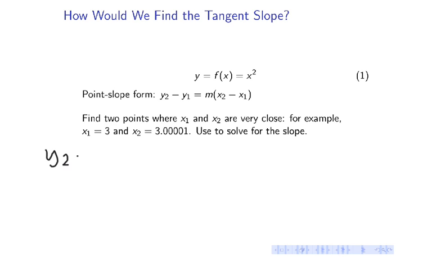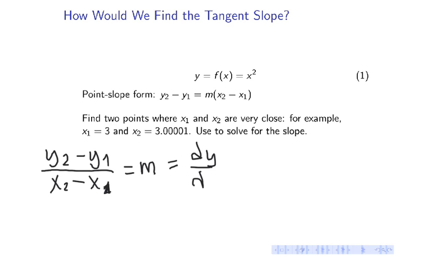We could say that (y2 minus y1) over (x2 minus x1), oops, that should be a 1, is equal to m. But again, what we're seeing here is exactly equivalent to that expression dy/dx that we saw before.